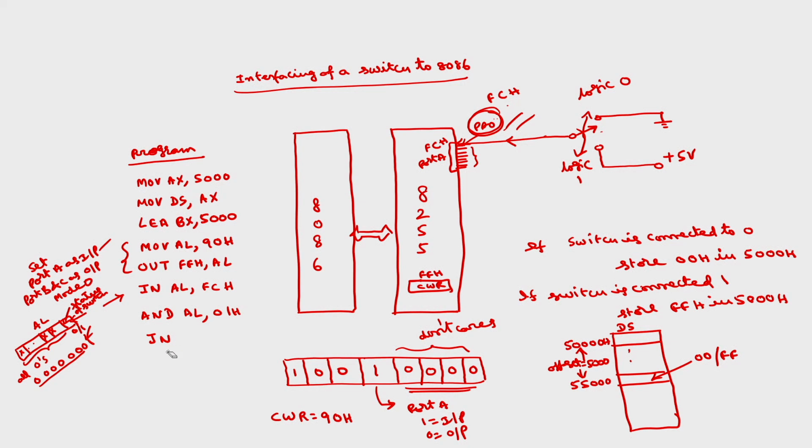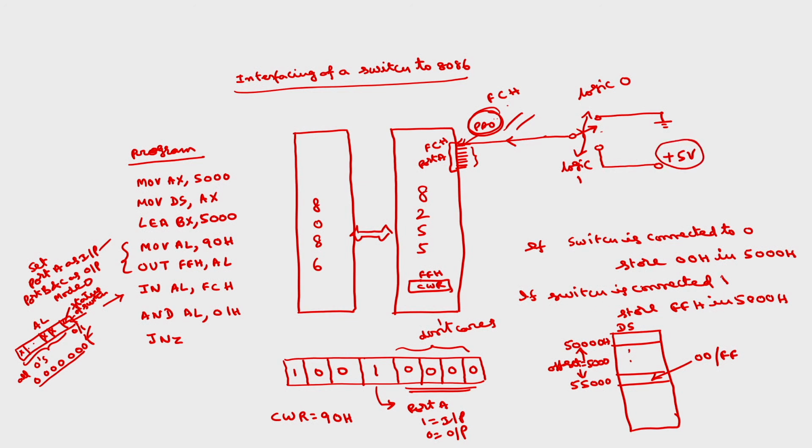The result can be either 0 or non-zero. If AL contents are not 0, then AL contents are 1, since there are only two possibilities, either 0 or 1. AL contents 1 means the switch is connected to plus 5 volts.